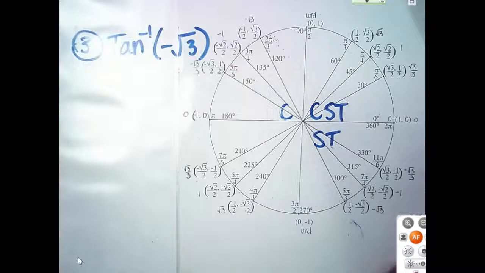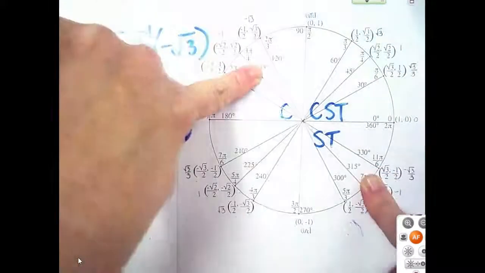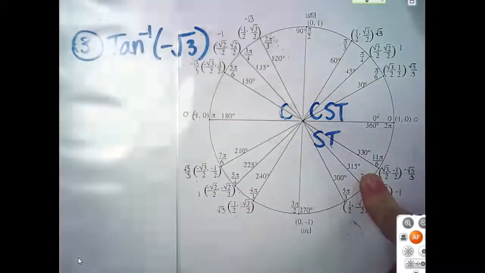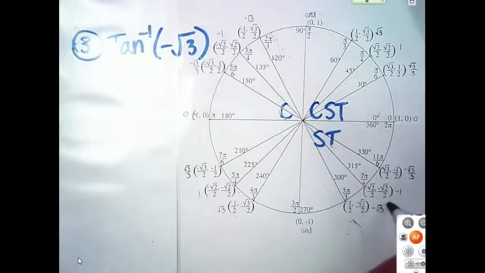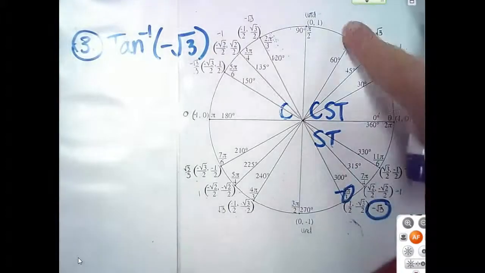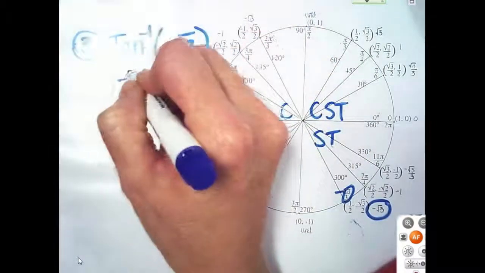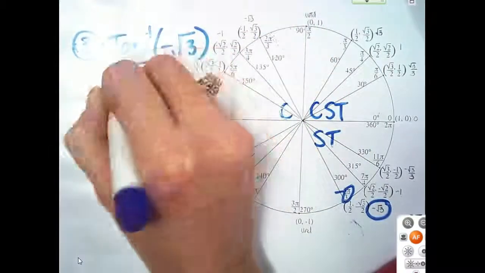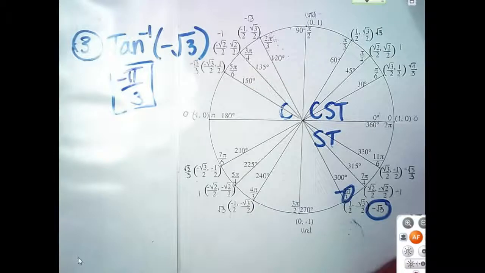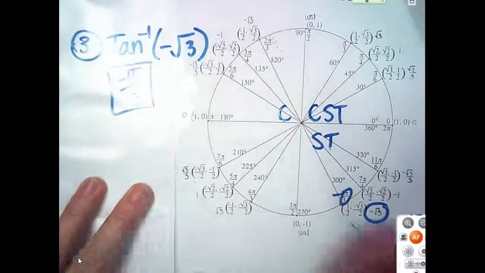We only have a negative tangent in quadrants 2 and 4, and it's only allowed in 4. So I'm in this spot. But is my answer 5 pi over 3? No. What are we going to call it? Negative pi over 3. It's the same spot as this. I counted down 3. So the answer is negative pi over 3. Okay? Let's try it.